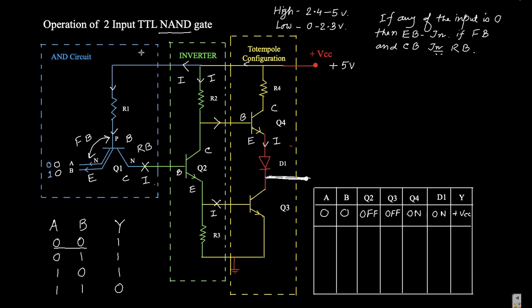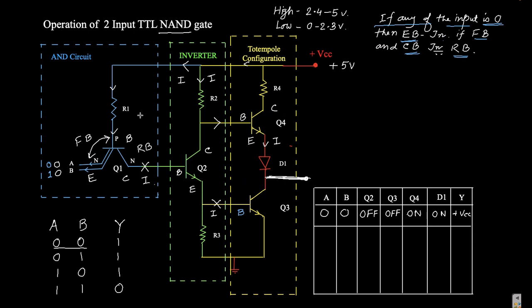The same thing will happen, because I have already told you, if any of the inputs is 0, then the emitter base junction is forward biased and the collector base junction is reverse biased. So again, no current will flow through Q2. That means Q2 is an open switch. As it is an open switch, no current will flow from the emitter to the base, so Q3 is also an open switch, and no current will flow through it.